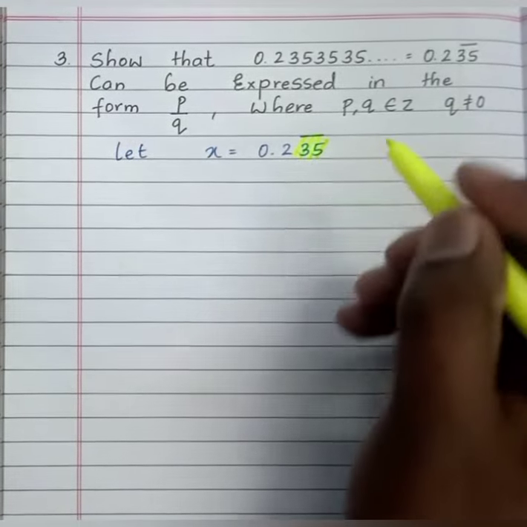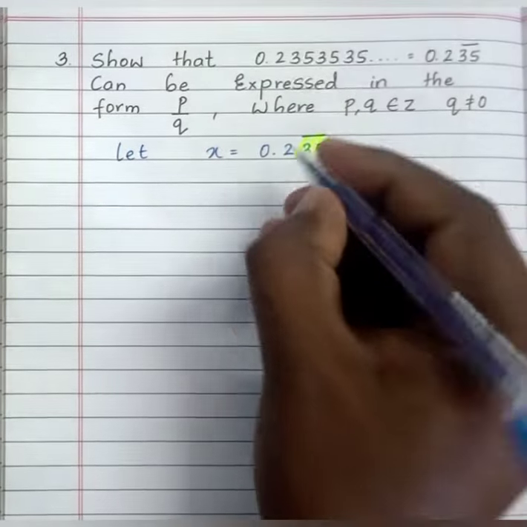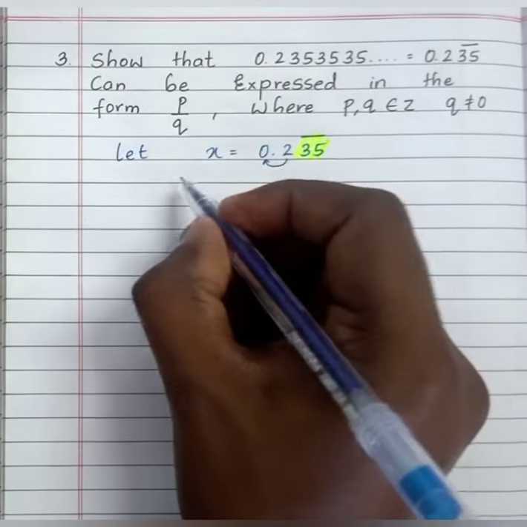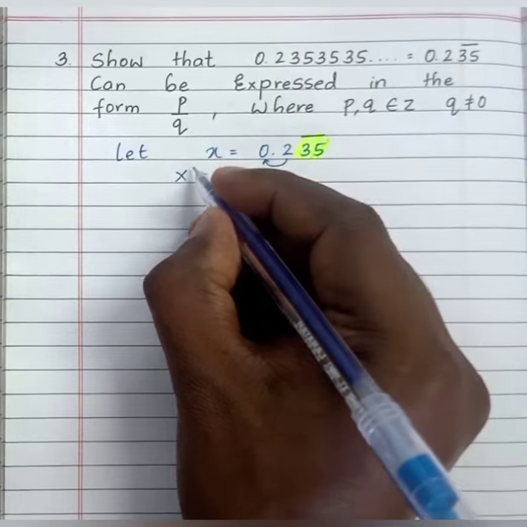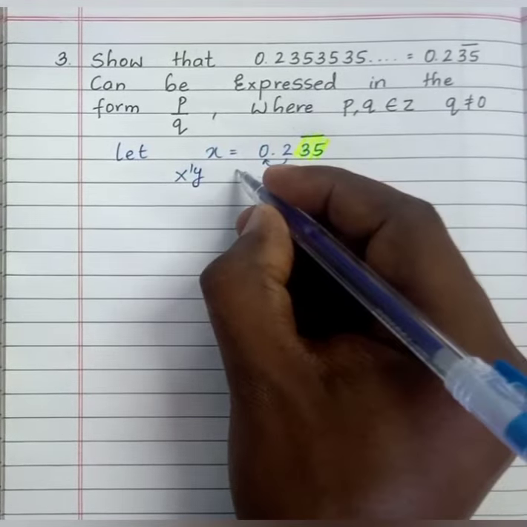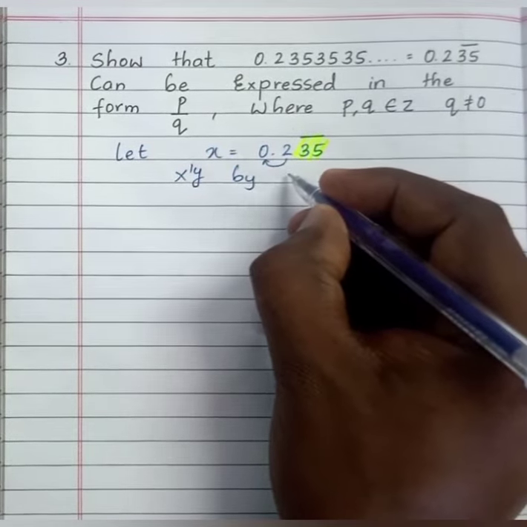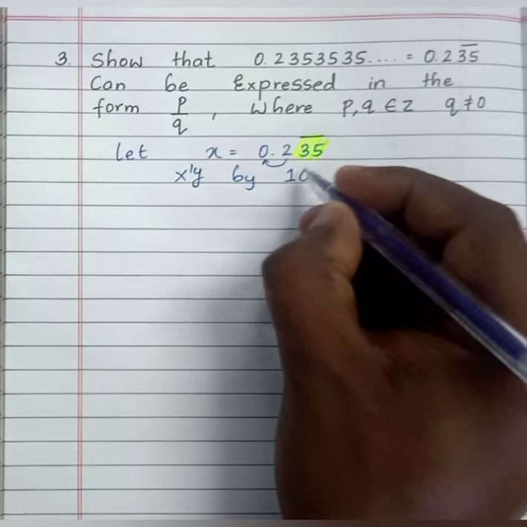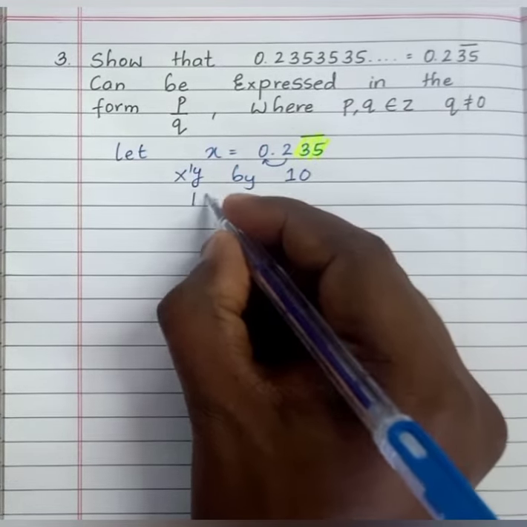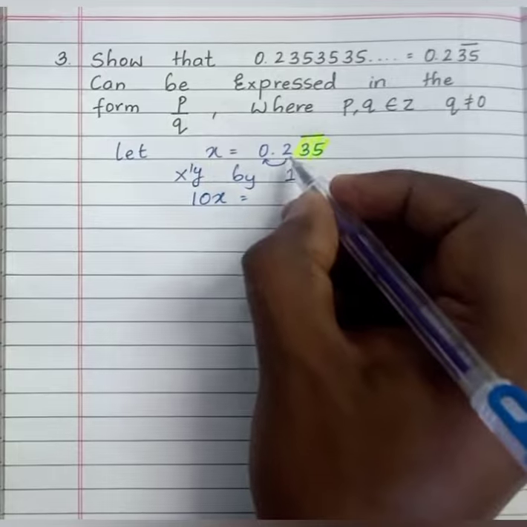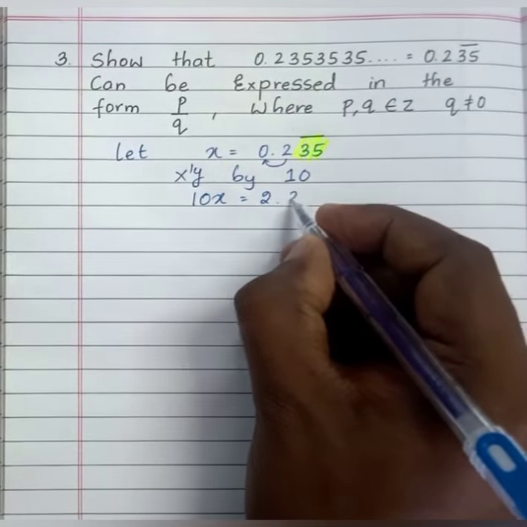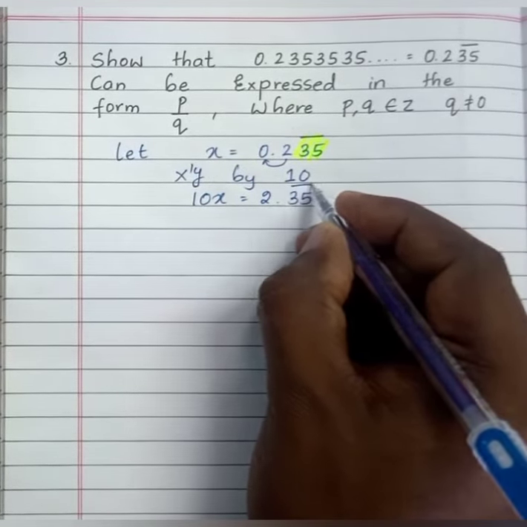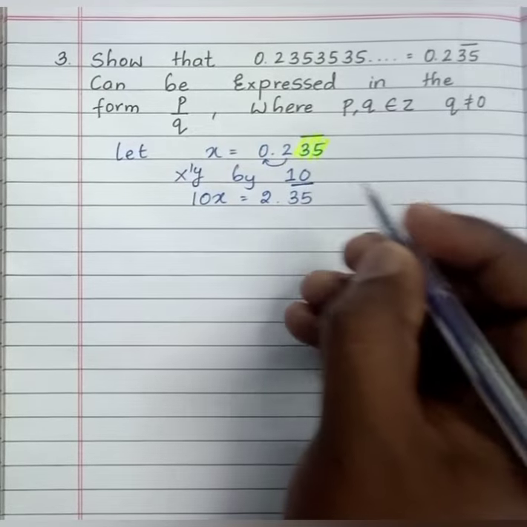Now the first step is I'll move the 2 before the point. To move the digit before the point, I should multiply by 10. I am moving only one digit, therefore multiply by 10. It becomes 10 into x is 10x, which is 2.35 recurring.